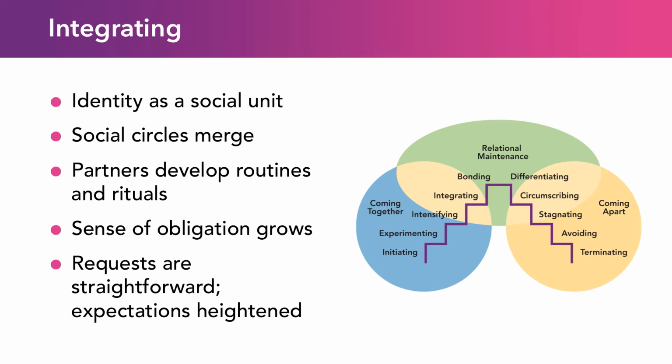The integrating stage is when you and the other person in the relationship, a work relationship, a friendship, a romantic relationship, start to identify as a social unit. So you and your friends start doing things together.